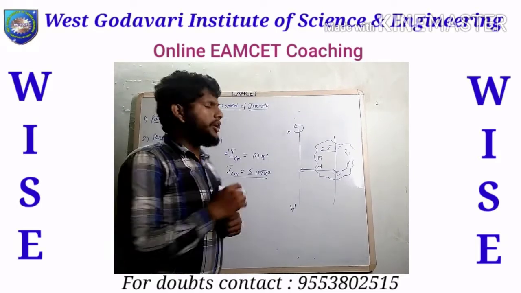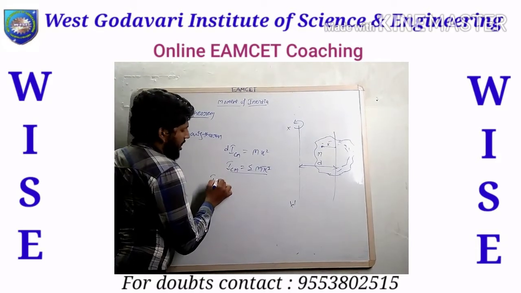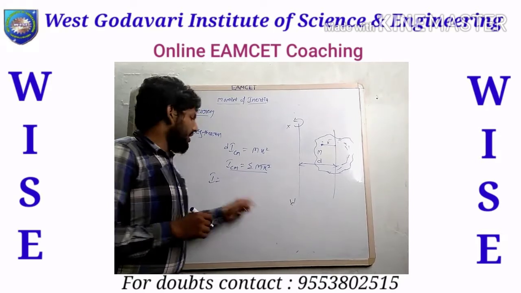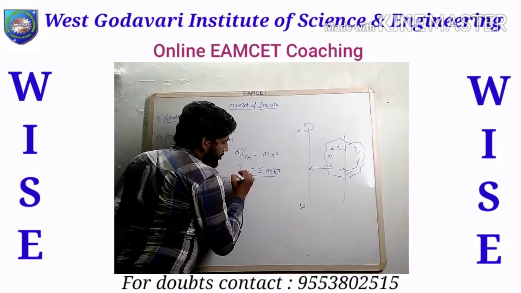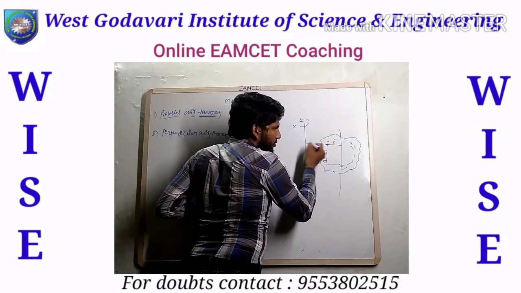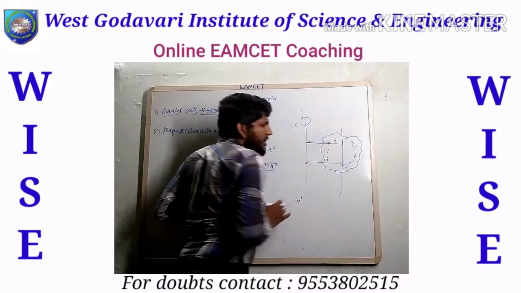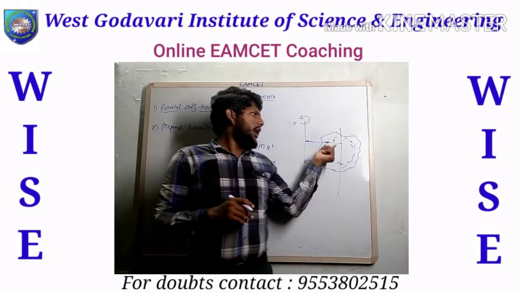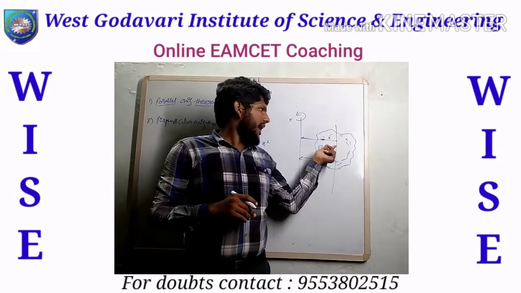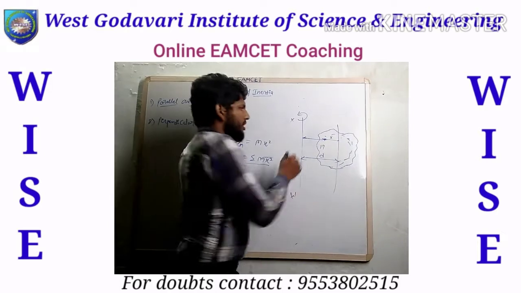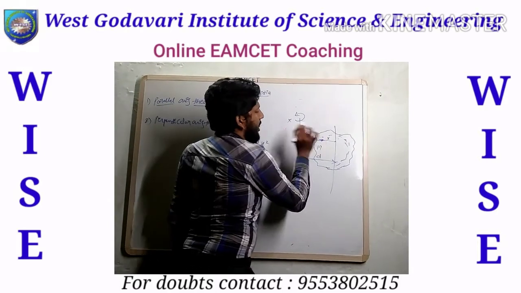Now we need to find out the original moment of inertia from this axis. I equal to mass into the distance, and now the distance is going to change. What is the value here? The total distance is d, and the axial distance is x. So we can write it as d minus x, right?